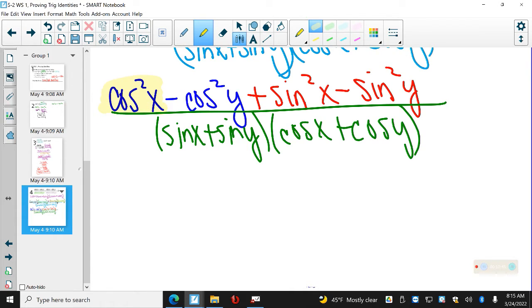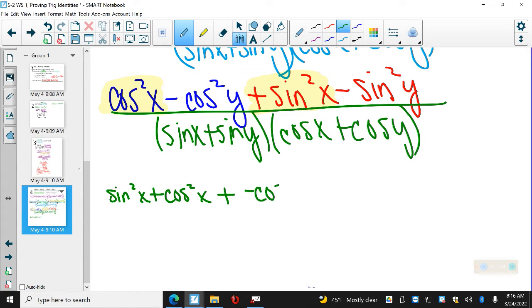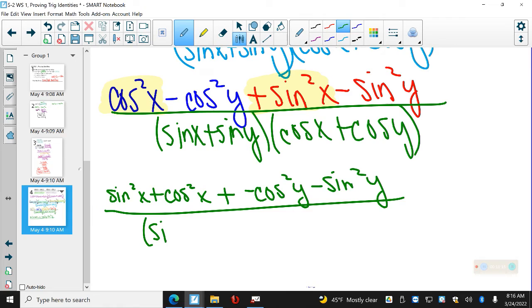So this is a cosine squared, and this is a sine squared that's positive. What does cosine squared x and sine squared x equal? 1. So cosine squared x and sine squared of x, and I'm just going to rewrite this so that you see them. And then this is going to be negative cosine squared of y minus sine squared of y, all over that entire denominator.